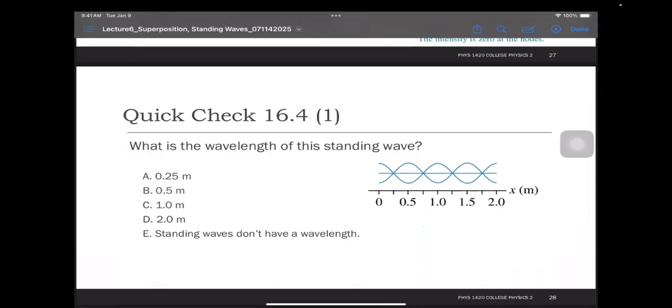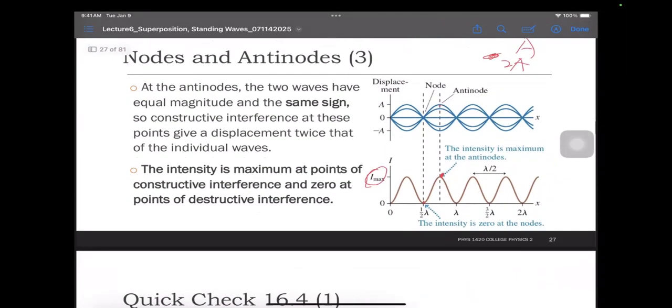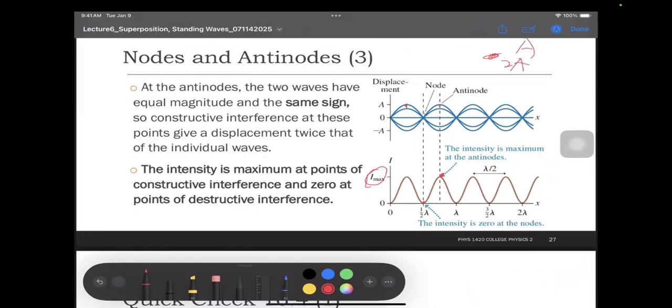What is the wavelength of this standing wave? You can see here this is a standing wave, am I right? We have already talked about this: there are antinodes and there are nodes. The nodes should be half lambda apart. Does it make sense to you?